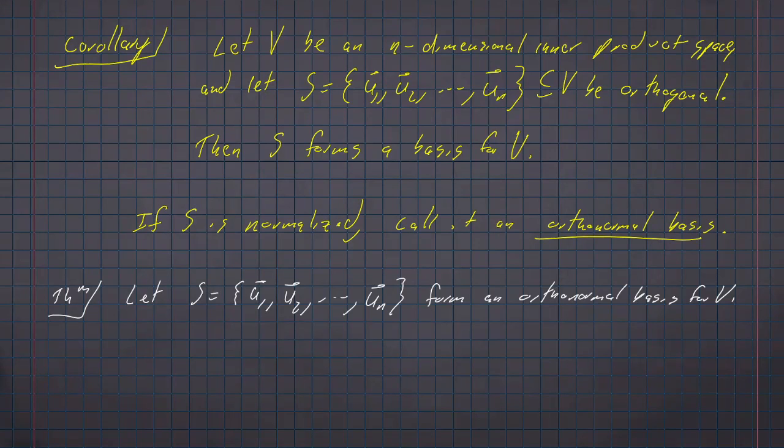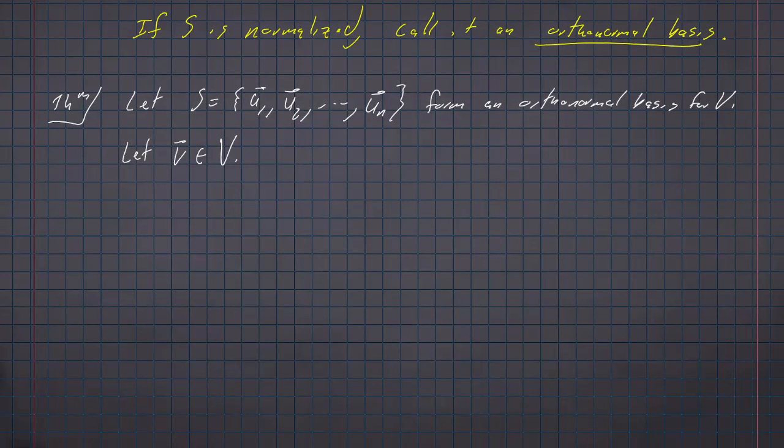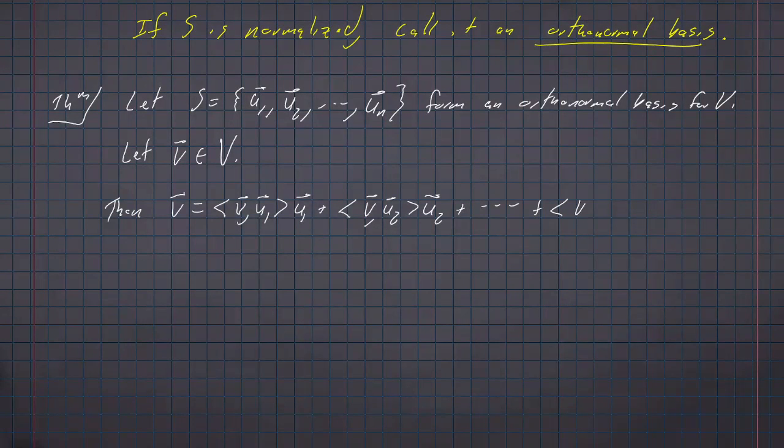So let's take an orthonormal basis, and let's take any vector V. We know that for any basis, we can write any vector in the vector space as a linear combination of those basis vectors.